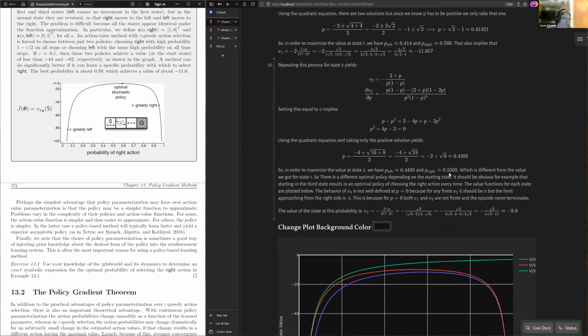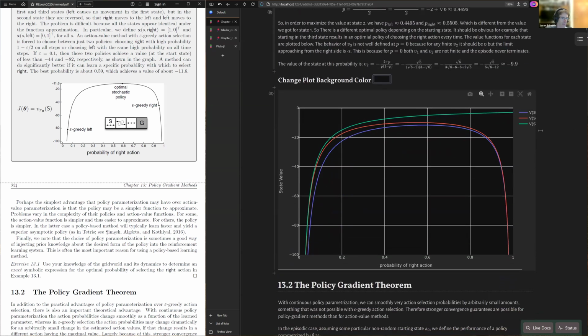And then P right is a slightly lower value, 0.55. So, right, this doesn't actually match the result we got for the first one. And you can see with these curves, like the optimal policy if we start in V3 is to go right. The optimal policy if we start in V2 is actually to go right slightly less often than if we had started in V1, right? Because in V1, it's close to 60% is where the optimum is. And starting in V2, it's actually closer to like 55%.